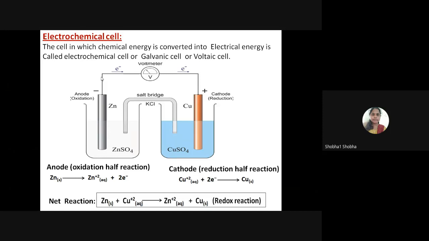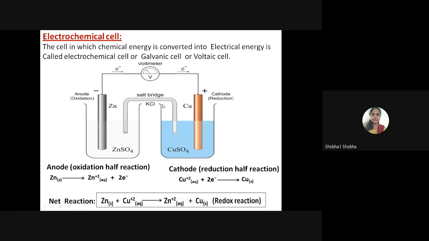Connecting those two beakers is an inverted bent tube which is filled with agar agar and KCl solution. Agar agar is gel-like, chemically inert, and will not interact with the two beakers.